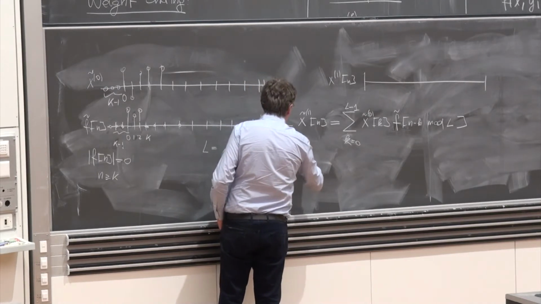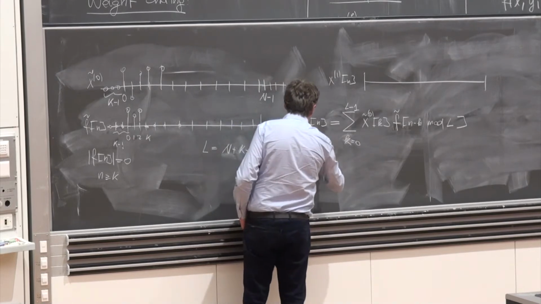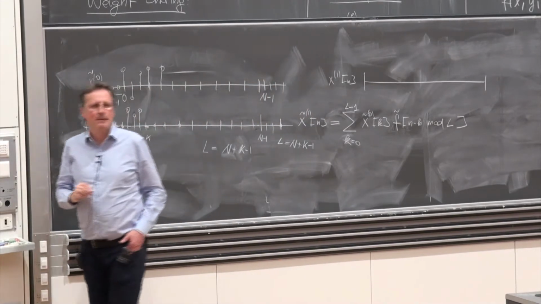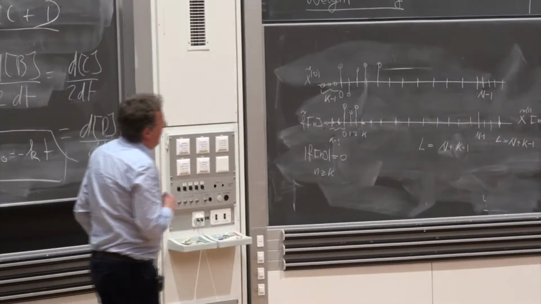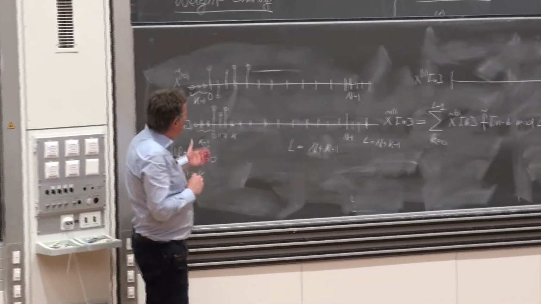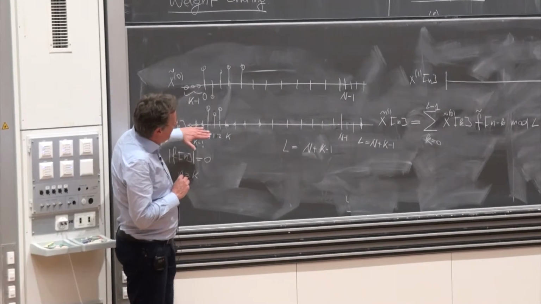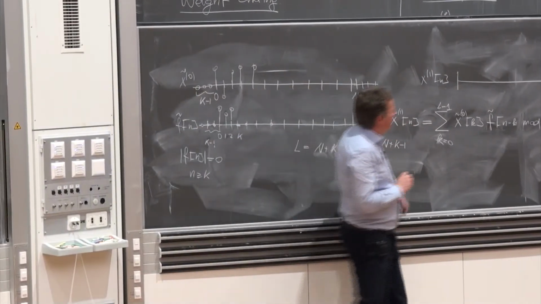L is n plus k minus 1 here. Then the statement is the following: if I do this, what's called this is the cyclic convolution.